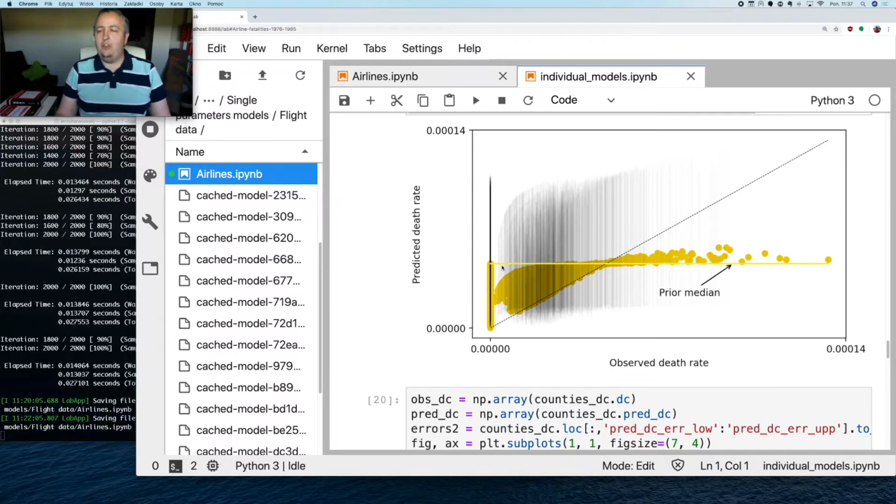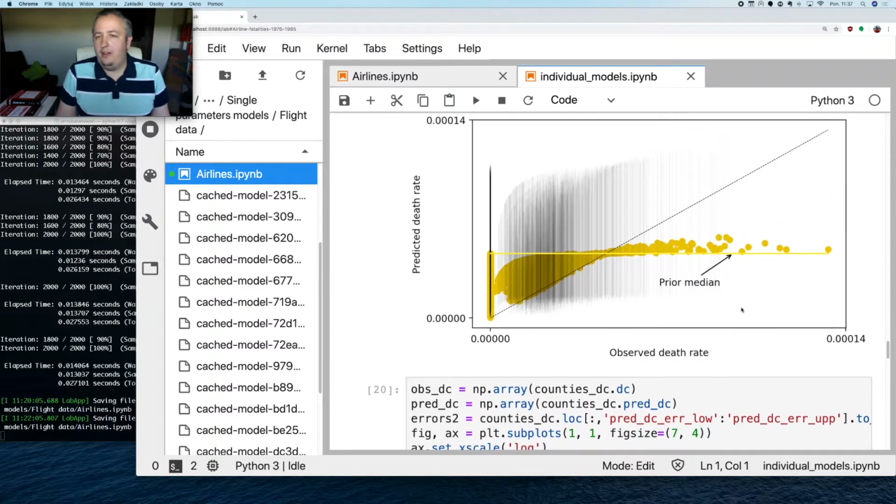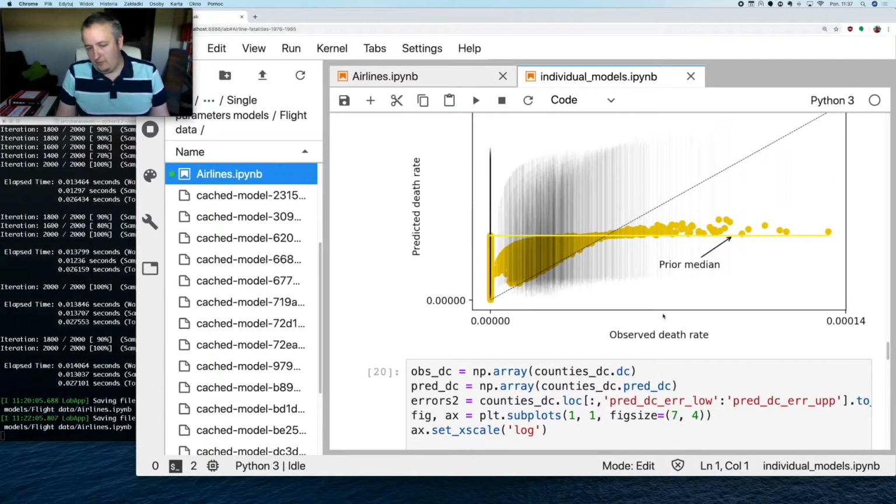And as you can see, everything is being drawn: the higher rates are being drawn down, the lower rates are being drawn up to our prior, because our prior is an informative one, so it gives us where the expected death count is located.